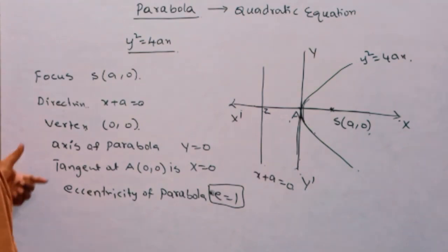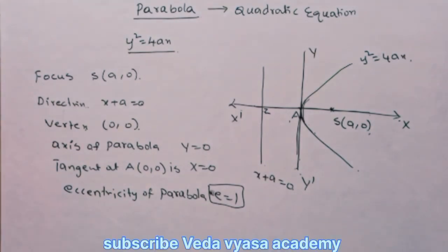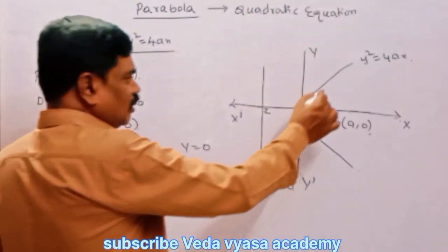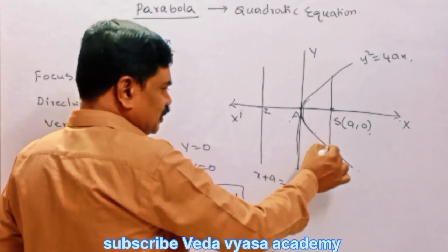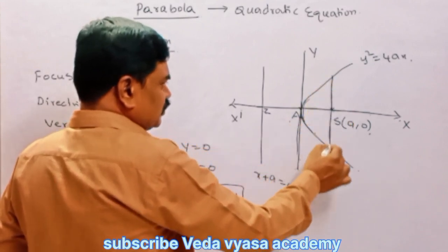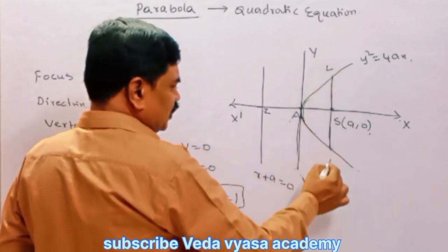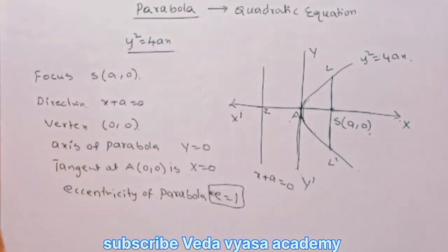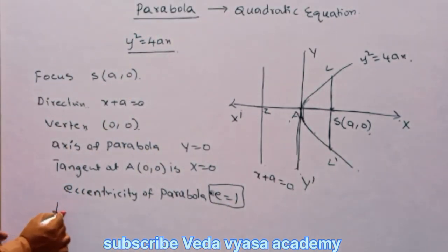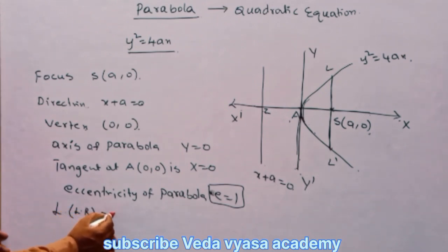These are the main points in this parabola. And one more. The chord passing through the focus is the latus rectum, LL dash. The length of the latus rectum is equal to 4a.